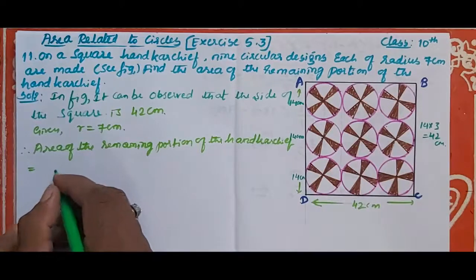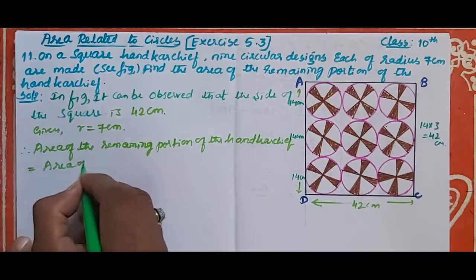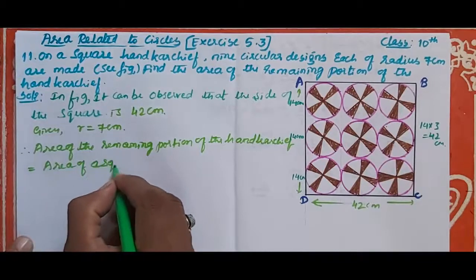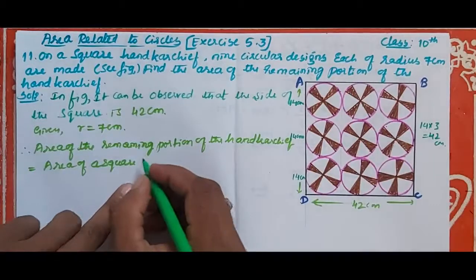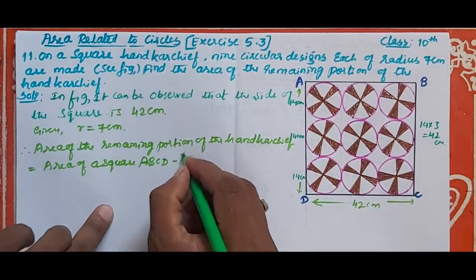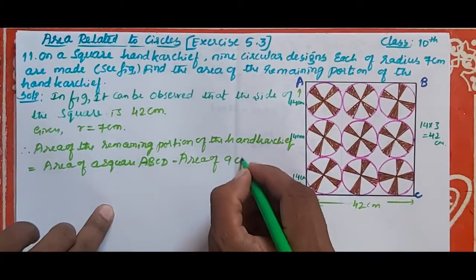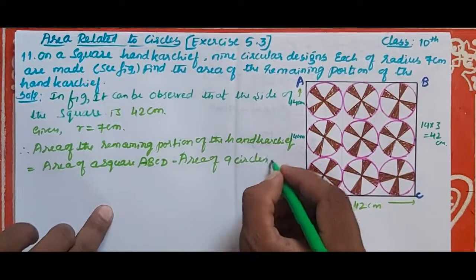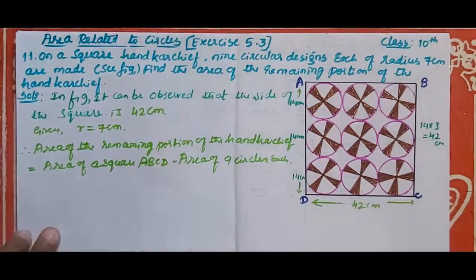We have to apply here the area of a square minus the area of, how many circles are there? 9 circles each.